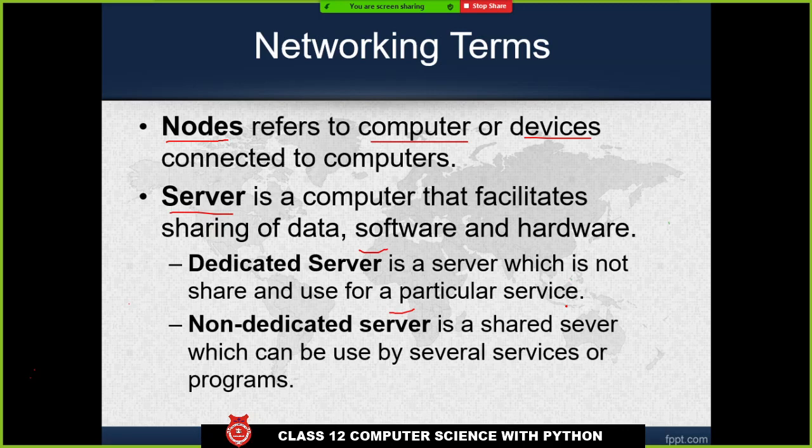If I use a server for hosting a video only, it is a dedicated server for a video. But when we say non-dedicated server, it is a server that can be used for several purposes. Multi-purpose servers are known as non-dedicated server, and single-purpose servers are known as dedicated server.